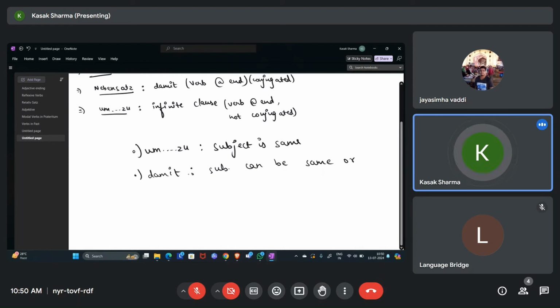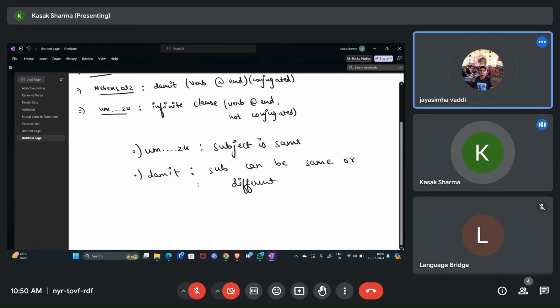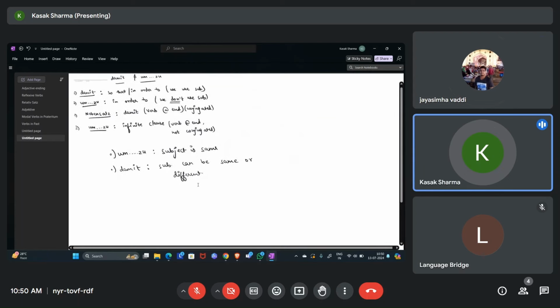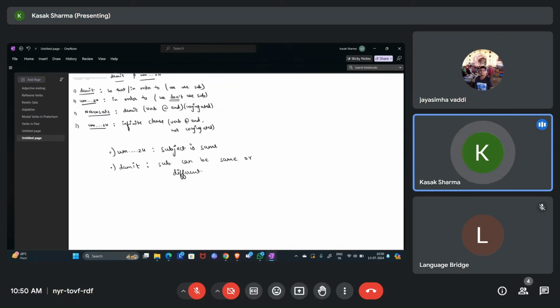You will get to know better when we do the examples. So if I want to make my sentence with um zu or damit, and my subject is the same, I can use either one. But if my subject is different, I only have damit as an option.